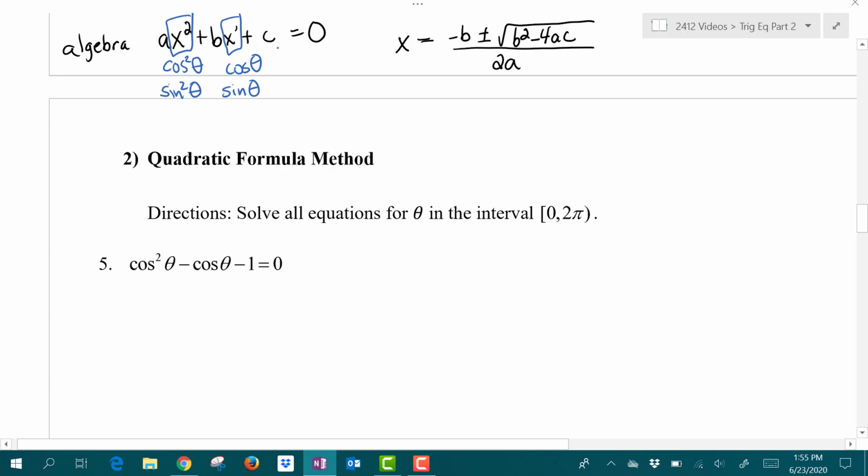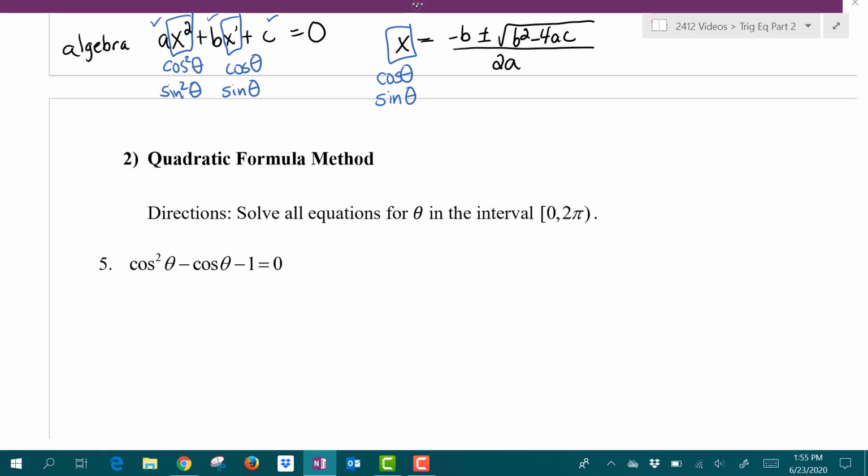So when we actually go to solve using the quadratic formula for a trig equation, instead of having x that we're solving for, we actually end up solving for either something like cosine or sine, one of the trig functions. So we get the trig function by itself on one side. That's how we isolate the trig function. Equals, and then all of the a's and b's and c's are the numbers in front of those terms.